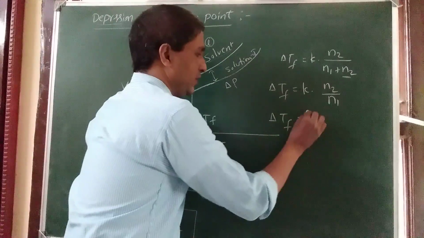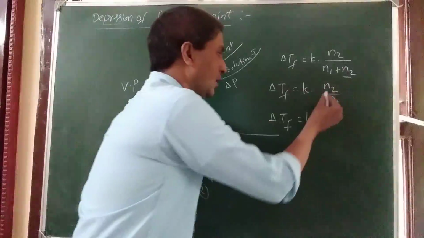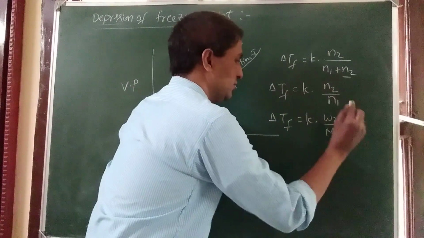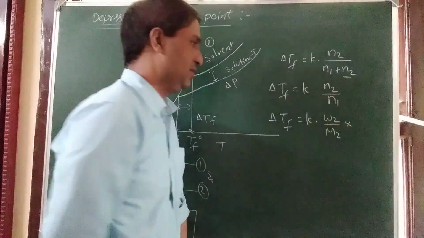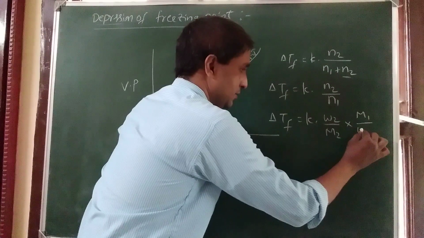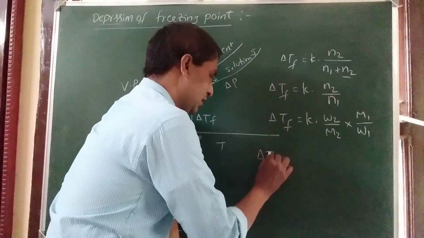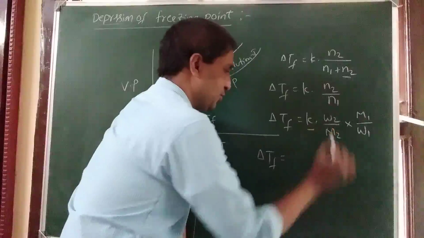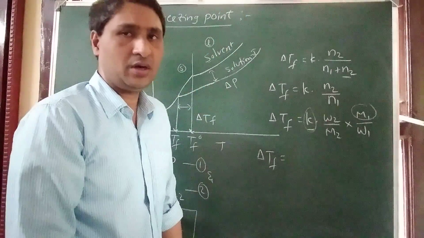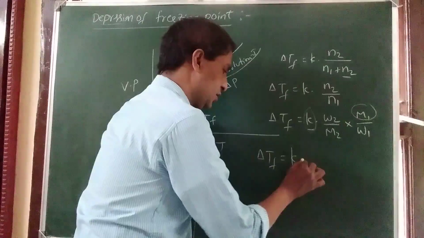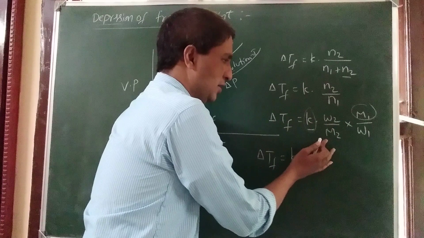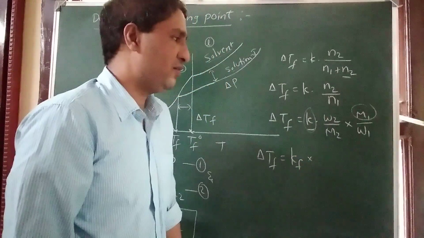Delta TF equals K into N2, the number of moles of solute, which we can write as weight of solute by molecular weight of solute, divided by N1, the weight of solvent by molecular weight of solvent. So it converts to M1 by W1. Delta TF equals K, the proportionality constant, and M1 is the molecular weight of the solvent. Both are constants, so you can write a new constant Kf into weight of solute by molecular weight of solute into 1 by weight of solvent in kilograms.